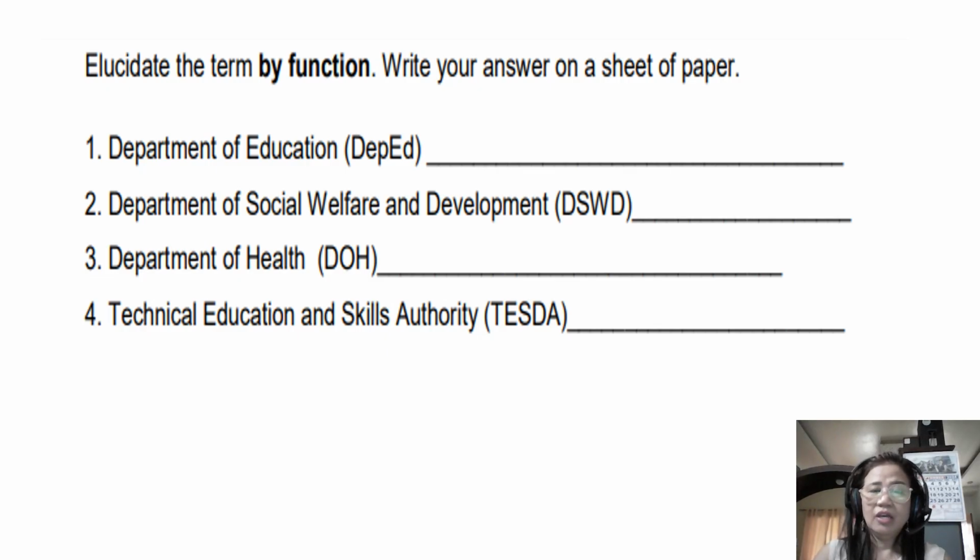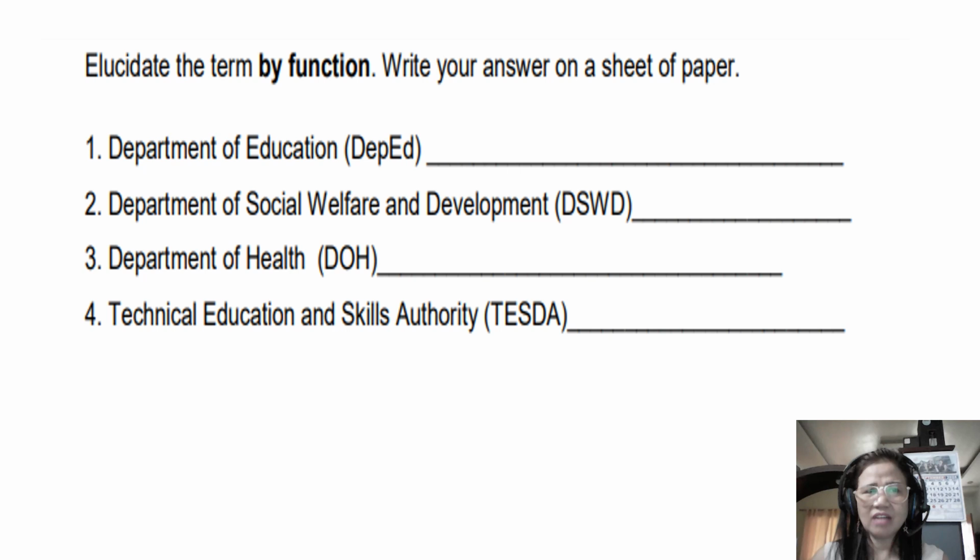Next, for number 3, you have to elucidate the term by function. Write your answer on a sheet of paper or on your notebook again. That means you can search what the functions of the Department of Education are. What is their main purpose? What do they do for the humanities, especially for you students as well as for the teachers?